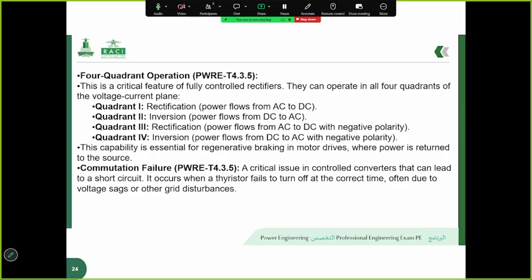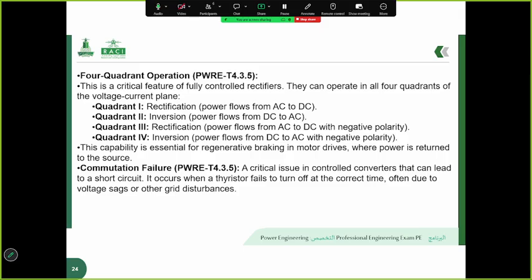So the slide also introduces commutation failure, which is a serious problem in controlled converters. Commutation failure occurs when a thyristor does not turn off properly during the commutation process, potentially causing short circuit conditions.